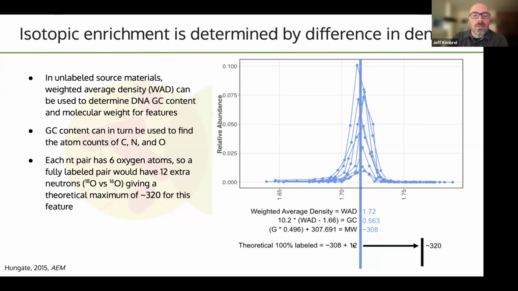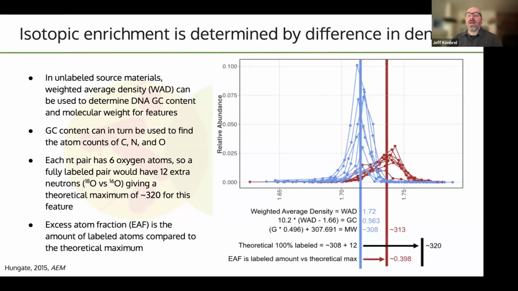So that's, again, 6 oxygen atoms times 2. So a 100% labeled sample would have a molecular weight of about 320. Then once we add on what we actually saw and get its weighted average density, it's about 313, which is about 4/10 of the way up, or an EAF value of 0.398.